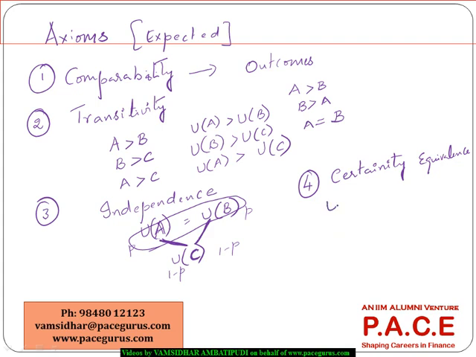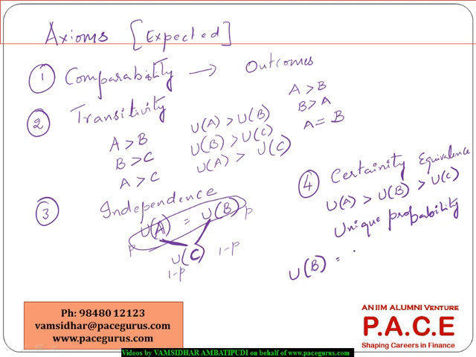Probably if I am looking at, let's say, three choices A, B, C. Utility of A is greater than utility of B, which is again greater than the utility of C. Now, what we are simply saying is, there always exists one unique probability, wherein I can construct the utility of B equivalent to that unique probability multiplied by utility of A plus 1 minus P times the utility of C.